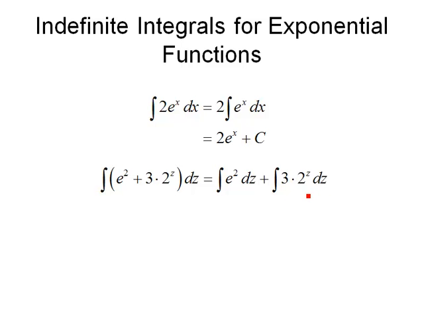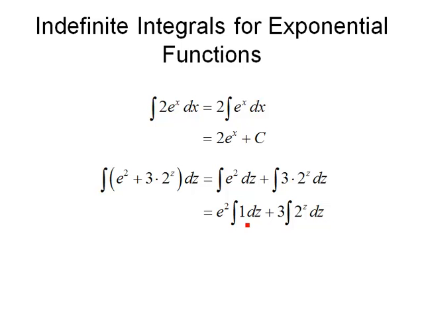I'm going to pull my constants out, and this might scare you a little bit. e squared is just a number, so I pulled that out in front and left a 1 on the inside. So we have e squared times 1 dz. Pulling out the constant 3 in the other term, that's what we've been doing before, so we're going to add to this 3 times the antiderivative of 2 to the z dz.